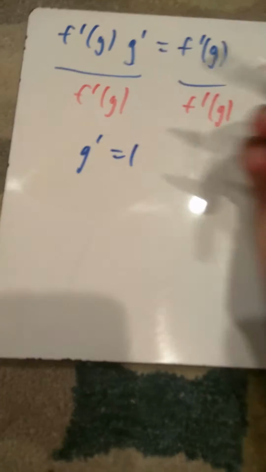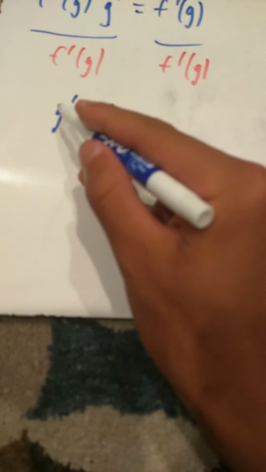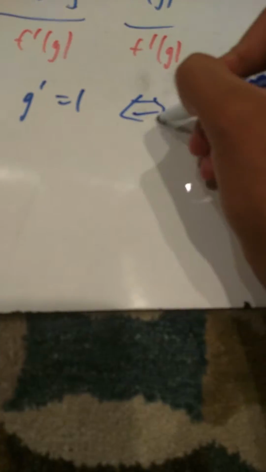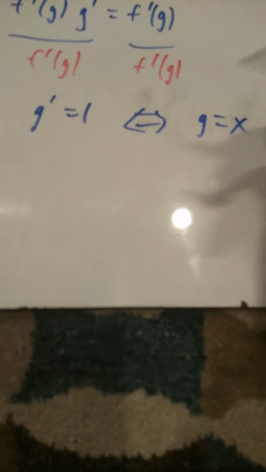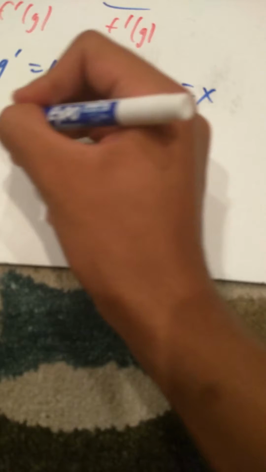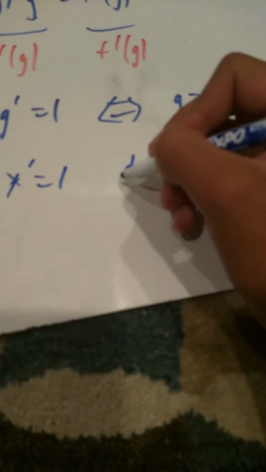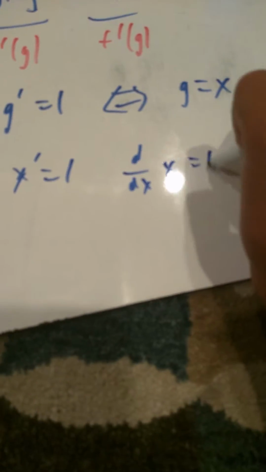So from this we get that g prime equals 1, and we know that the derivative of a function g prime equals 1, if this is true, that means g must equal x, since d over dx of x equals 1, right?